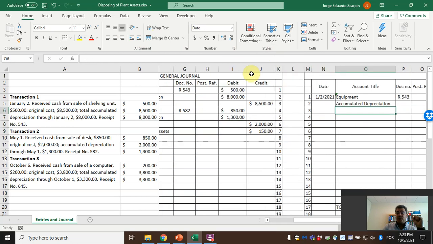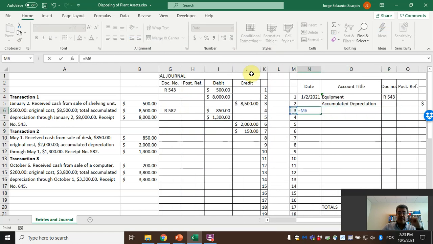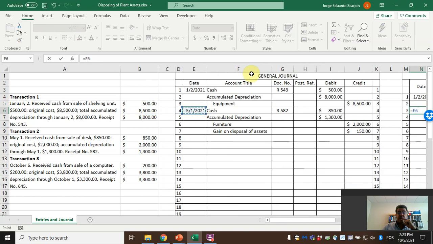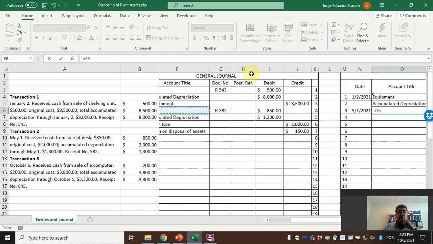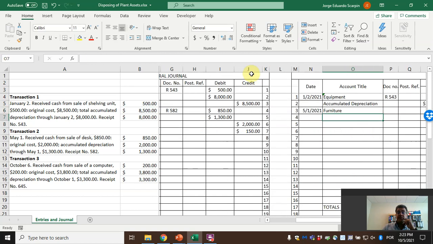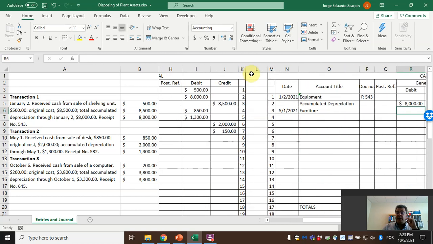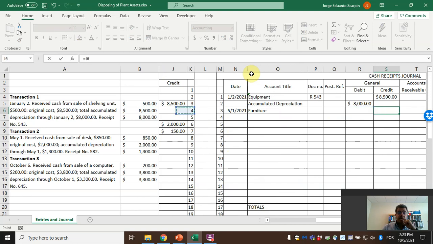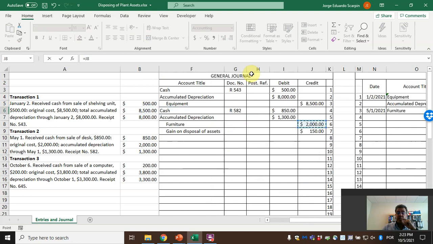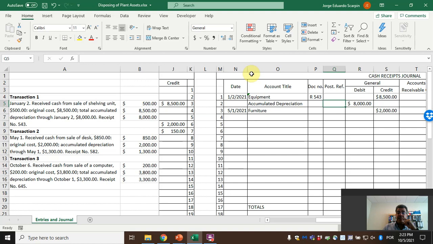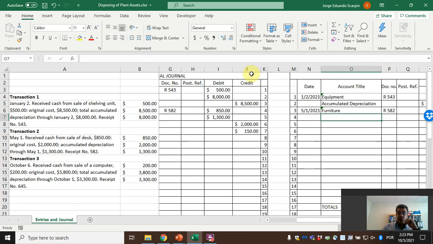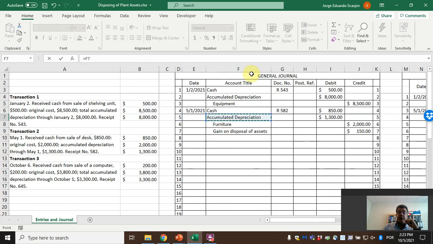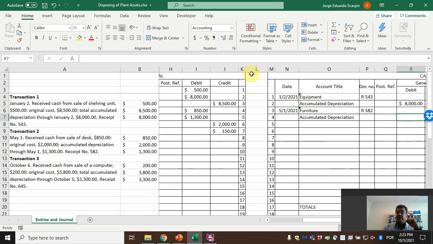But cash. So let's go here on cash. Cash now. Furniture, a credit. Receipt 582. What else? Usually we go through accumulated depreciation.